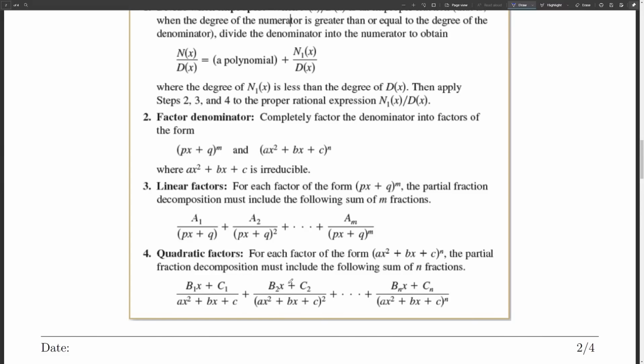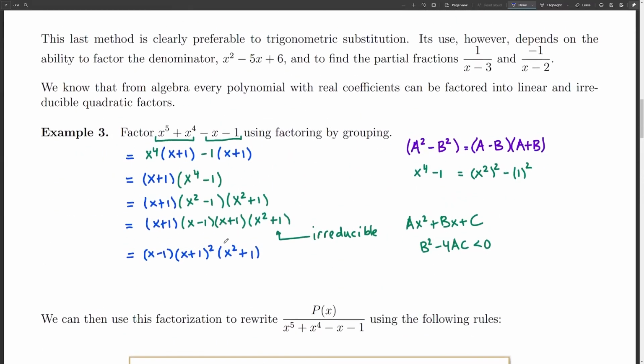And then again, you repeat that as many times as necessary, depending on how often that factor appears in the factorization. So in our example above, we only need one term, but conceivably if the quadratic factor has a power of n, we have to have n of these terms.